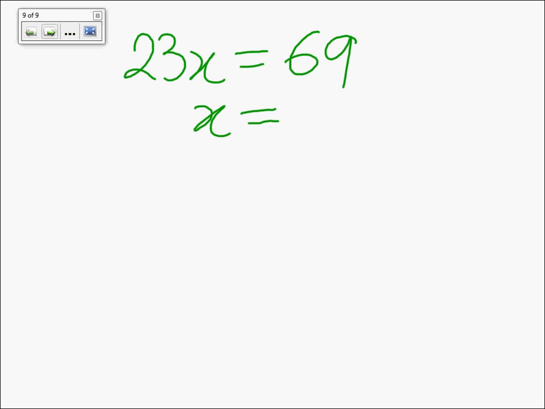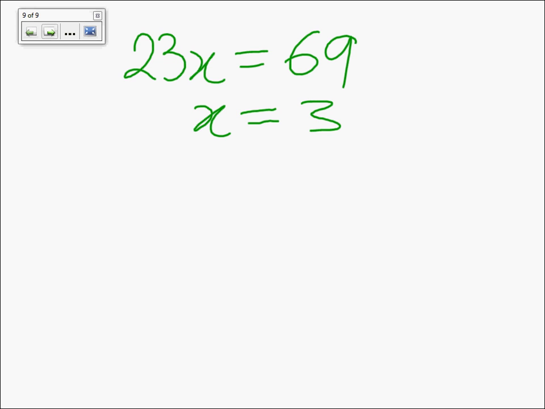From there, it is simple and straightforward: you have a value for x. How many 23s can go into 69? It is certainly 3. So x equals 3.